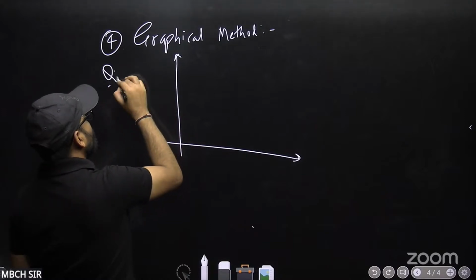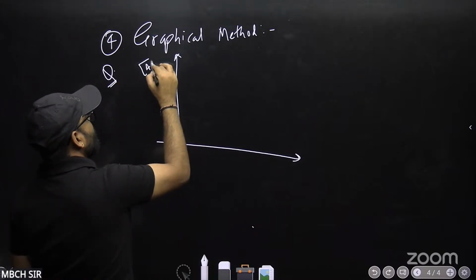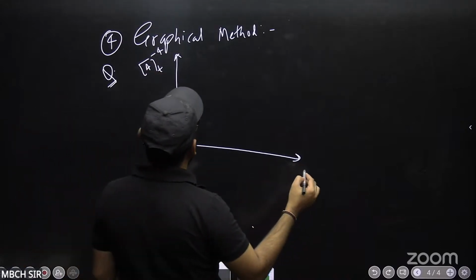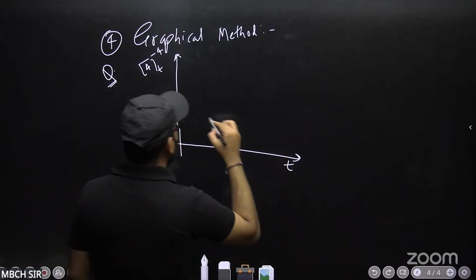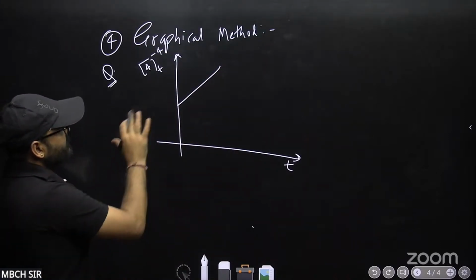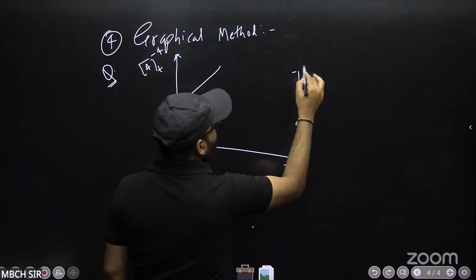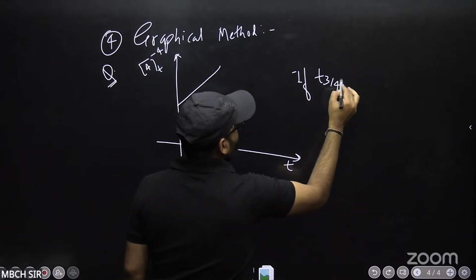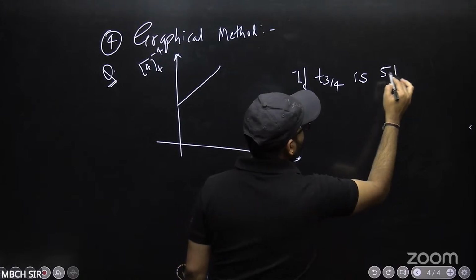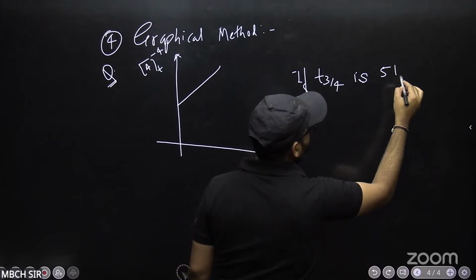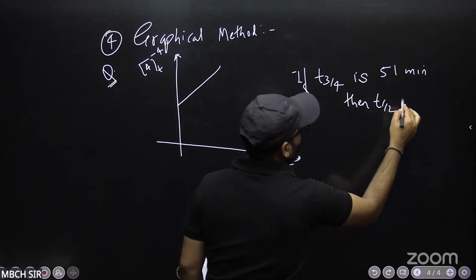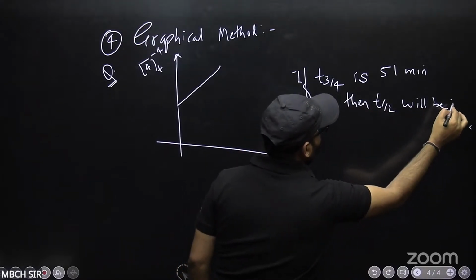I'm giving the question directly. A raised to power minus 4 versus t, and this graph is something like this. If t3 by 4 is 51 minutes, then T half will be.